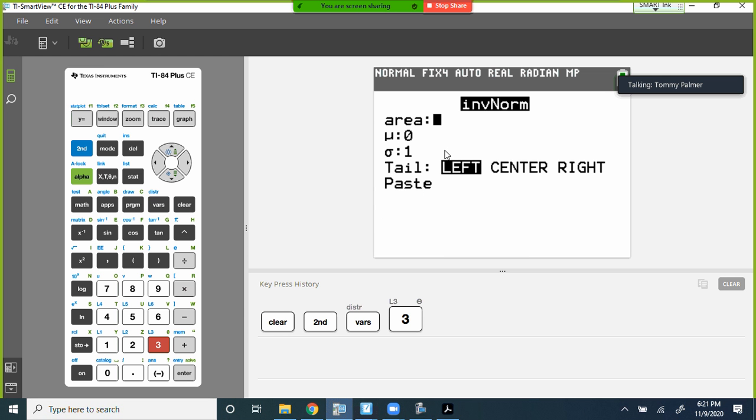Now the area. Now, this right here is asking tail. My other calculator didn't have that as well. So we'll just see.